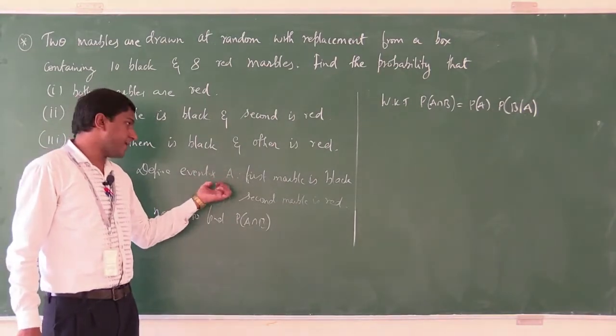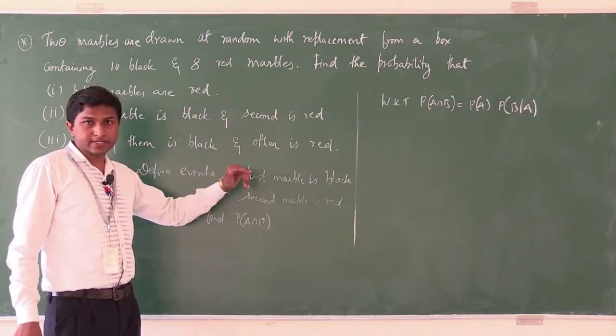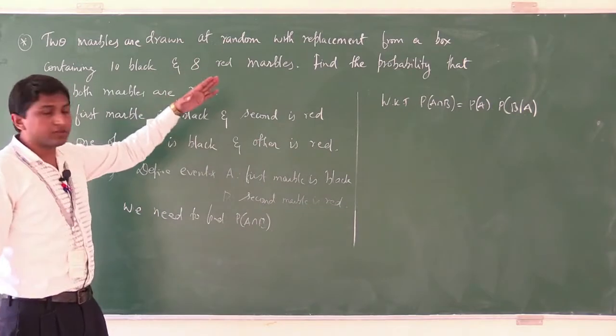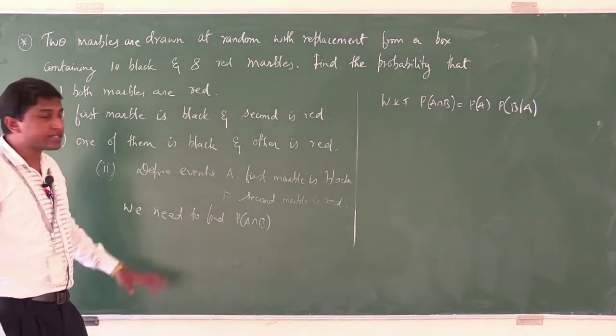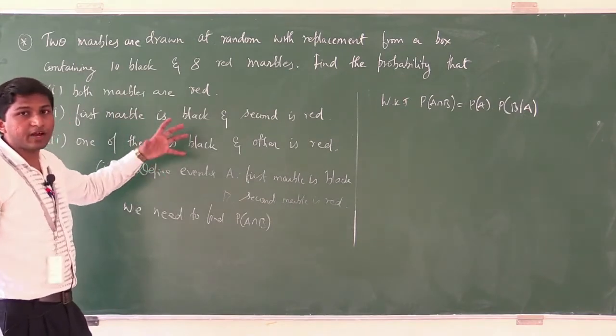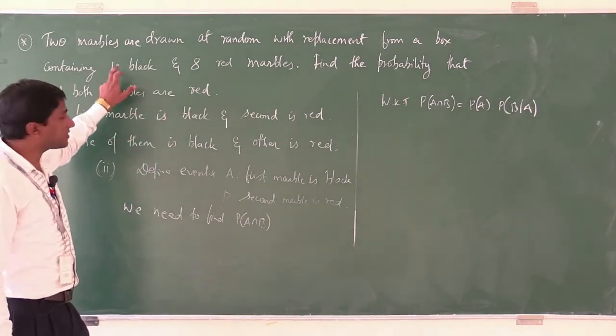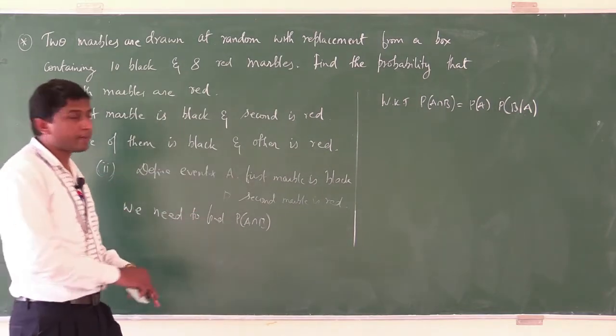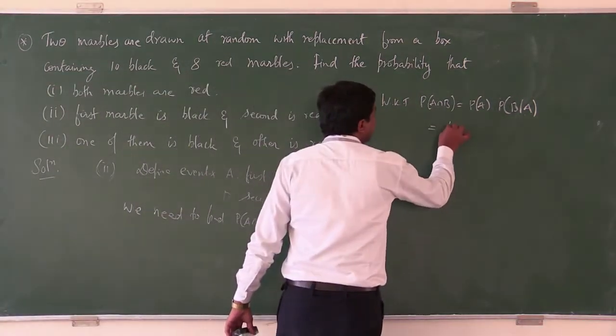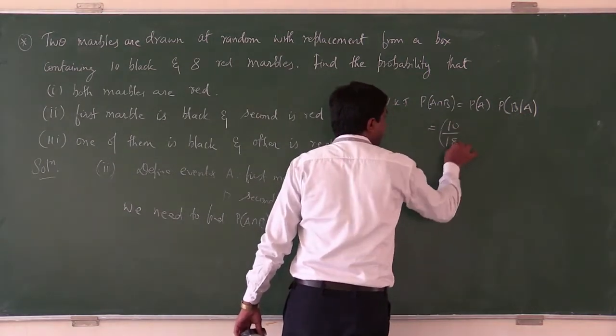What is event A? First marble is black. Look at the question. How many total number of marbles are there? We have 18 marbles. Out of them, how many are black marbles? We have 10 black marbles. Hence, what is P of A? It will be nothing but 10 by 18.